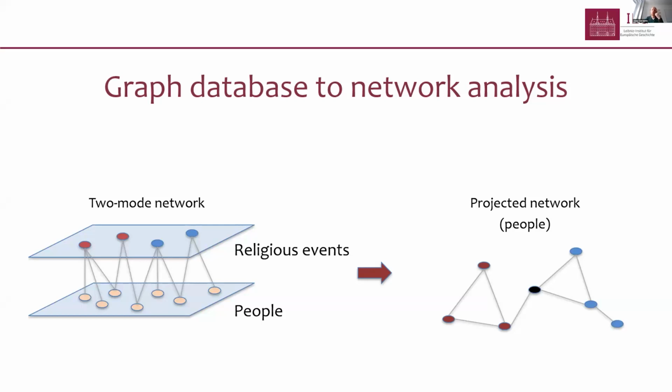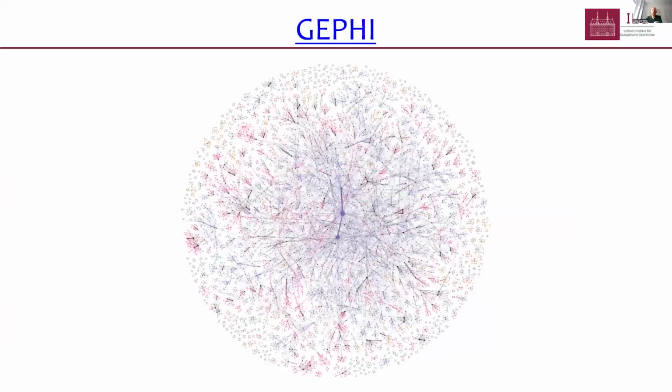By creating these projected networks consisting of the people and the links between them, you get something like this. This is created in Gephi, which again is open source software, which allows for network visualization and analysis.